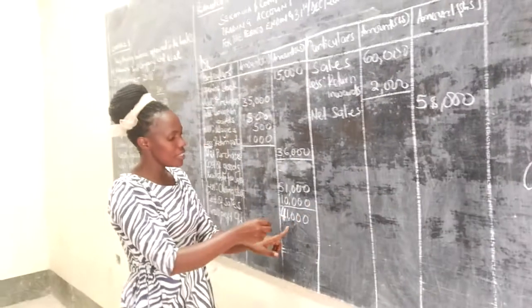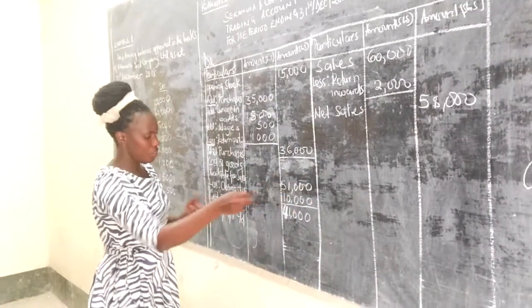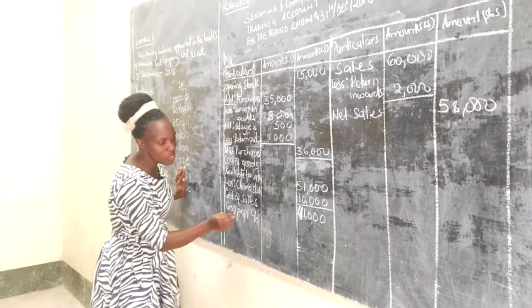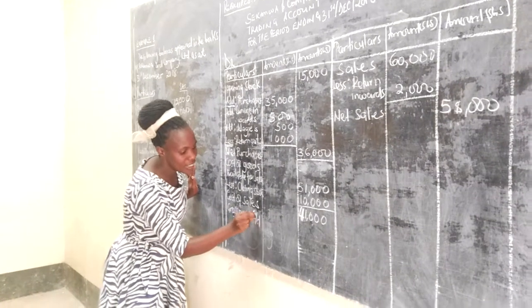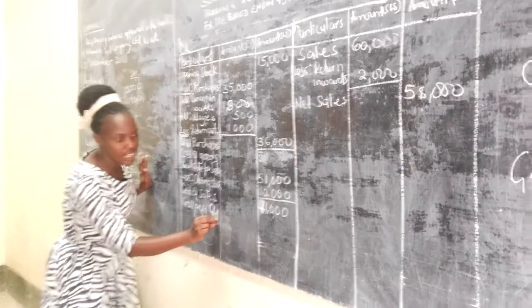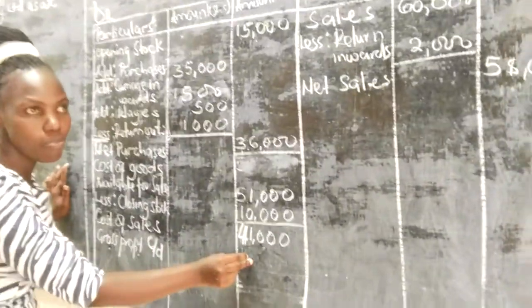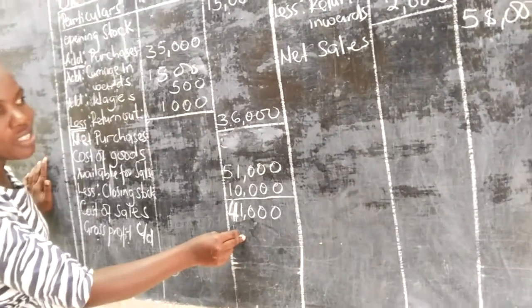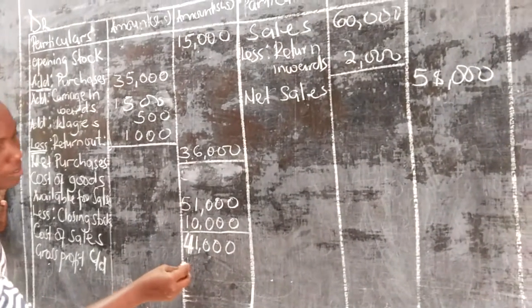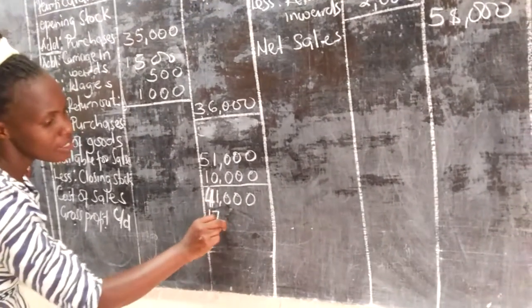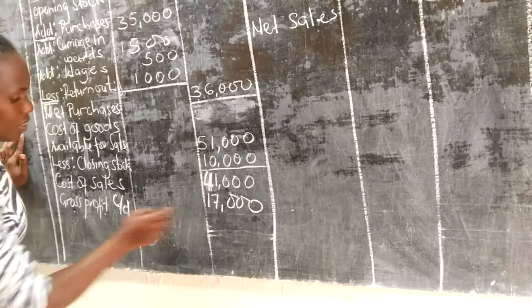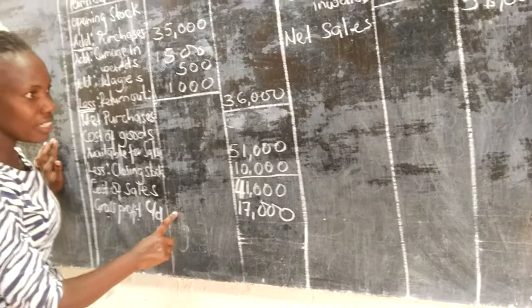So you get the difference, which we are writing here as gross profit carried down. We call it carried down because we want this trading account to balance. And our difference was 17,000. Gross profit carried down.